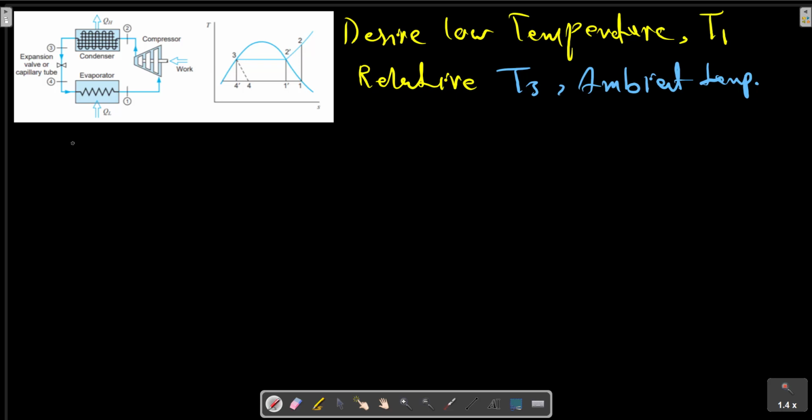In a real system, it would be necessary to allow a finite temperature difference in both the evaporator and condenser to provide a finite rate of heat transfer in each. Thus, the reason for building the system in this case is that the quantity QL is important.